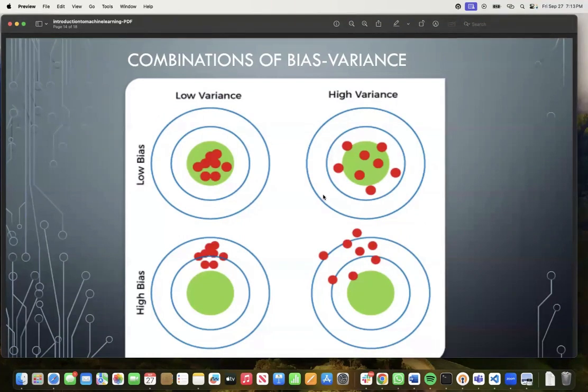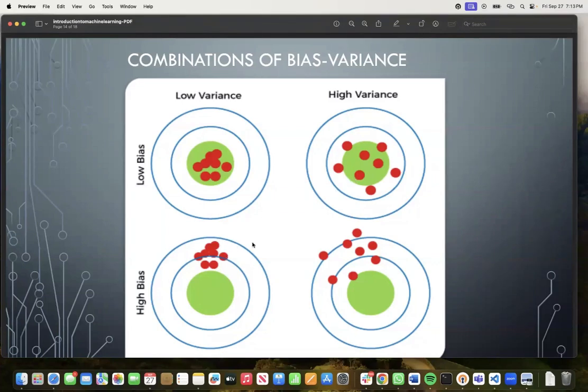So how does it look? When data is low variance, or low bias, you can see that all of them are clustered in one place, of course. So you don't get enough samples distributed about for it to learn well. With high variance, you can see that the data is spread across. In this case, you do get different use cases, or different insight into what can possibly happen in real life.